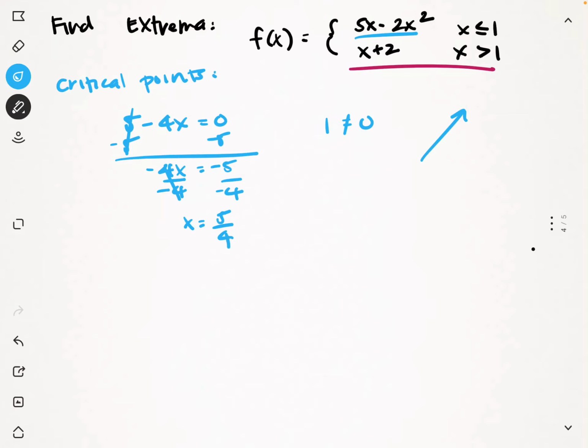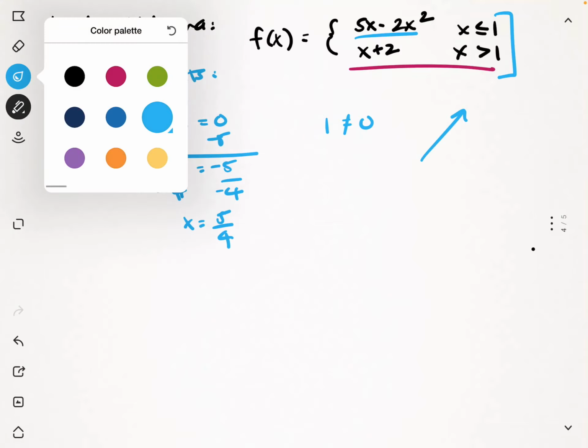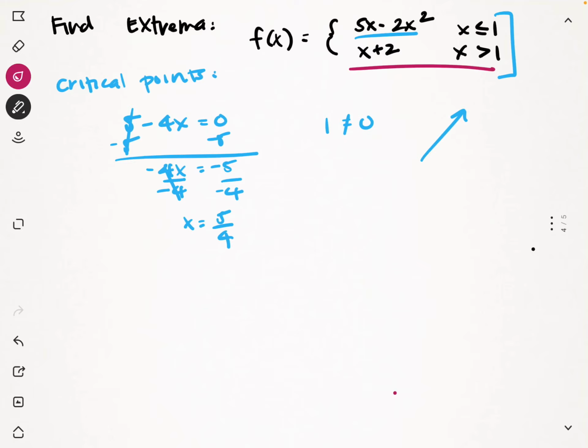Okay, also when we have a piecewise function like this, we also have to check the place where they join. So at x equals 1, if I plug 1 into the top, we get 5 minus 2, which is 3. And then if I plug it into this one, I get 1 plus 2 is 3.